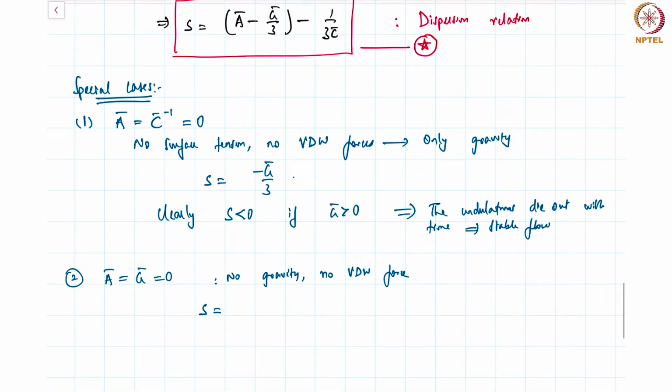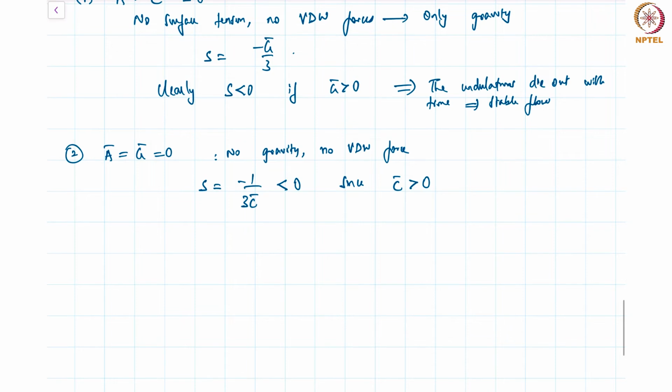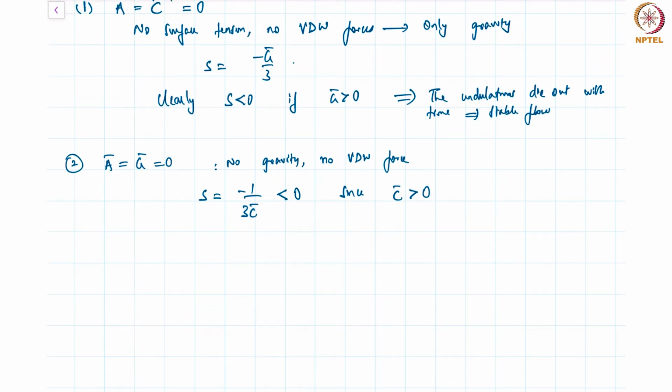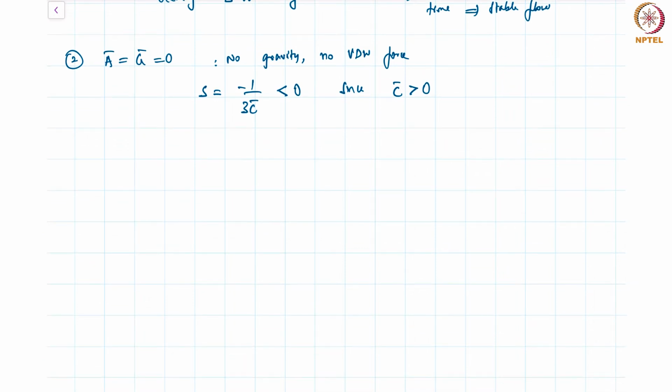We have minus 1 by 3 C bar, which is always less than 0, since C bar is always greater than 0. Right? So again, if you recall, C bar was defined as epsilon cube by capillary number, and that's always a positive quantity. Okay, so again, we can conclude that surface tension is stabilizing.